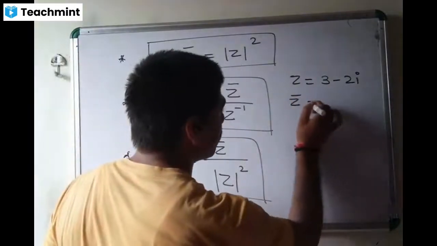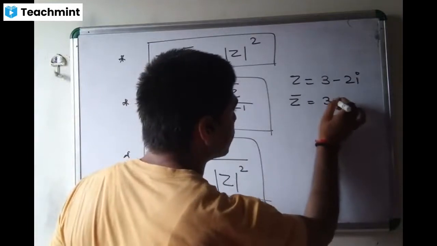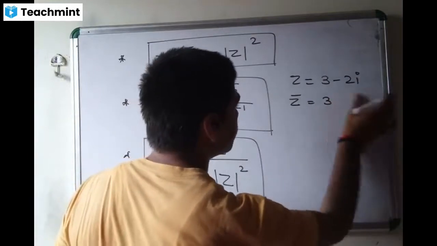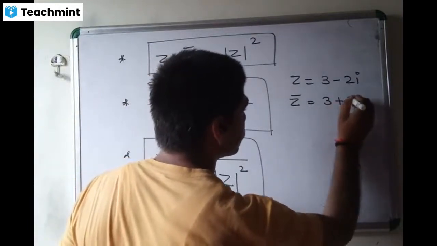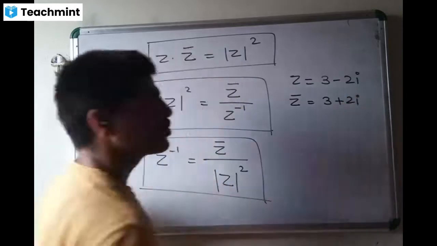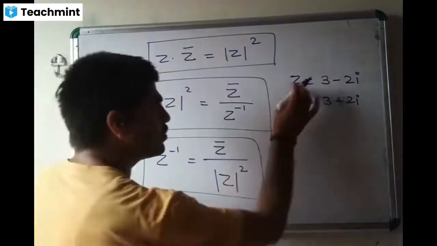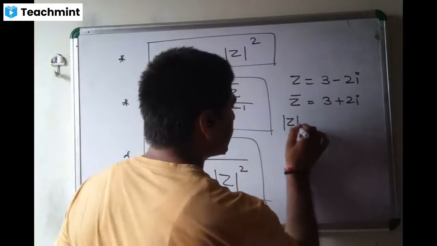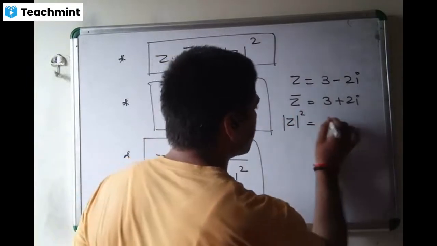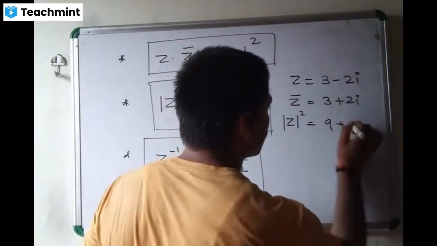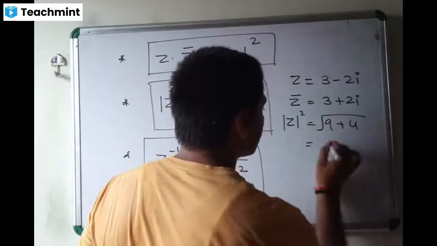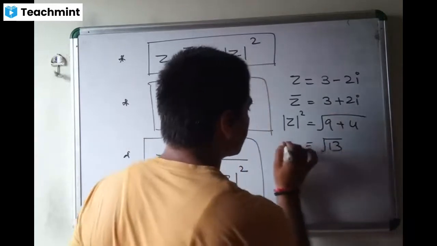The conjugate of this complex number is equal to 3 plus 2i. And to find its modulus, mod Z is 3 square, 9, plus 2 square, 4, which means root 13. Yes or no?